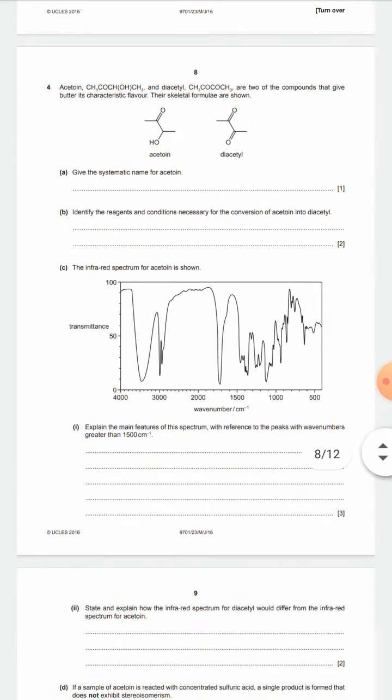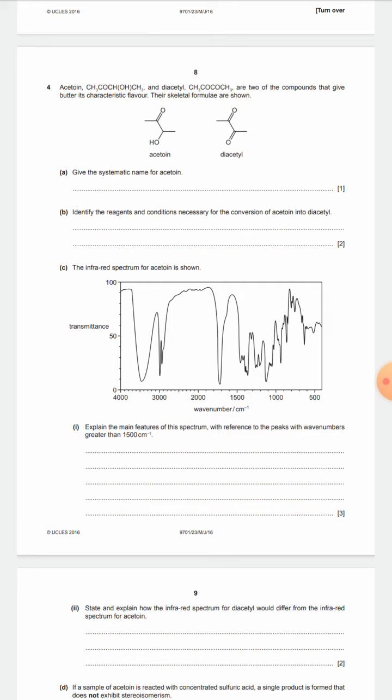That means question number 3 is just a matter of total memorization, so get it by heart. Okay, now we are going to question number 4.